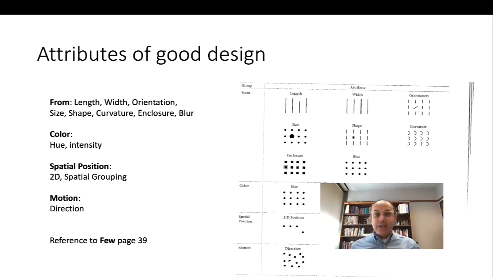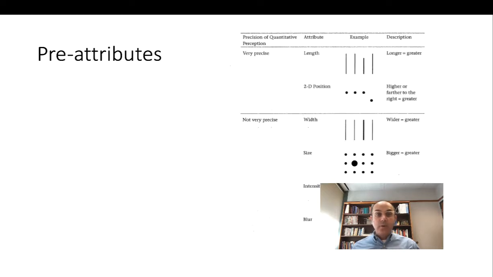Again, based on our textbook, it talks about good design. A good design needs to have attributes such as lines, size, shape, and blur, and color, and motion, in order for us to understand or to comprehend what we do.